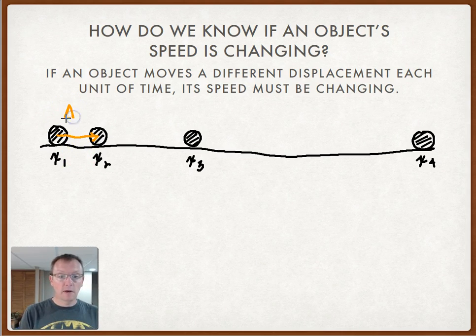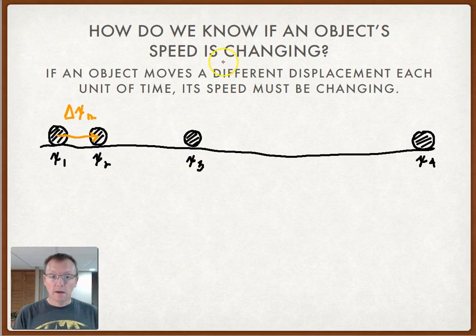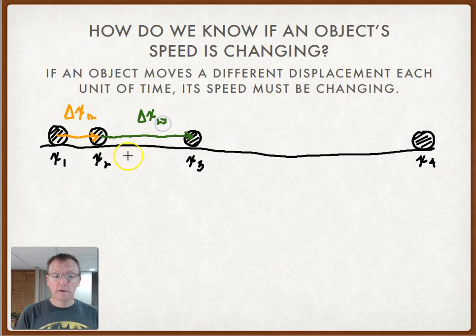I'll write delta x sub 1, 2, so you know it's going from position 1 to position 2. The next one is from 2 to 3, so I'll write delta x sub 2, 3. And finally, delta x sub 3, 4.